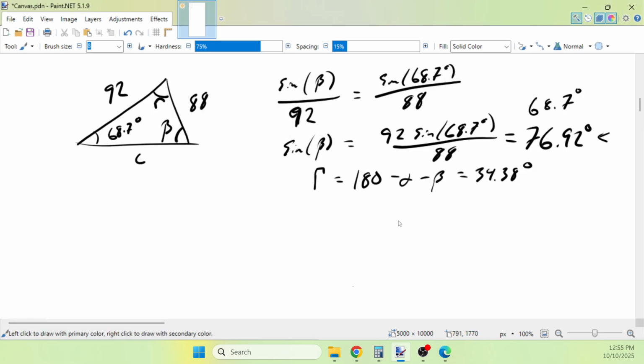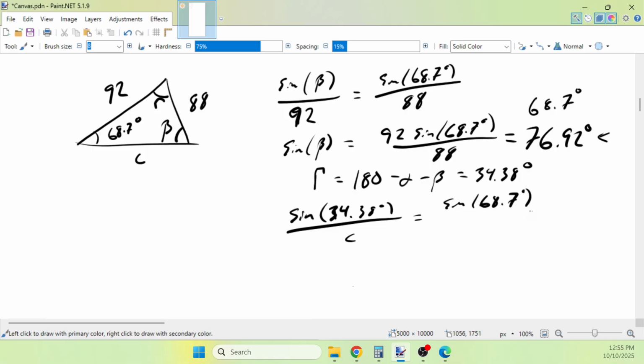And then now that we have gamma, we can use that to find C using sine of gamma over C equals sine of, we'd want to use A and alpha because there's no rounding there. Exact value.